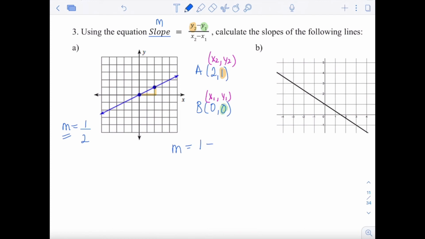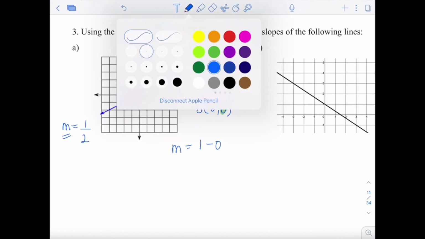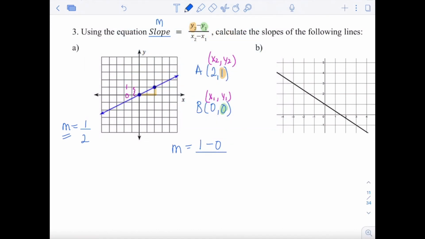If you look at what I've just done on the graph, I have found the pattern in y values. I've subtracted 1 and 0 to find the difference in my y values, and that becomes the numerator of this fraction. Let's keep going.